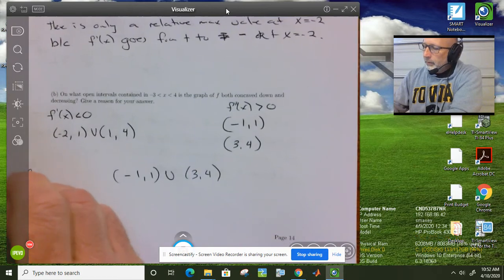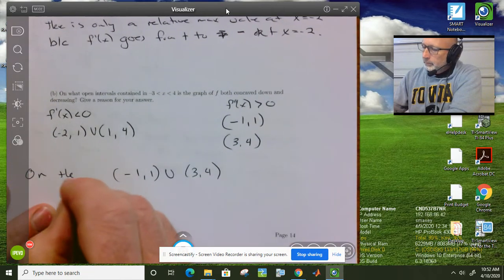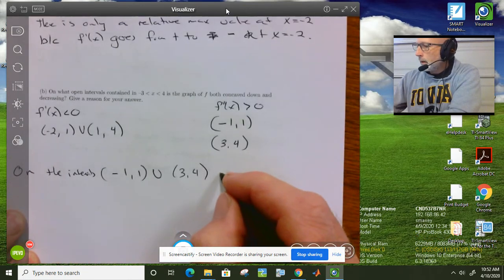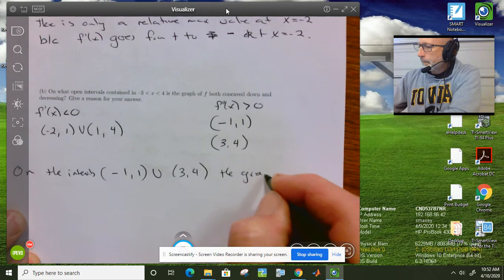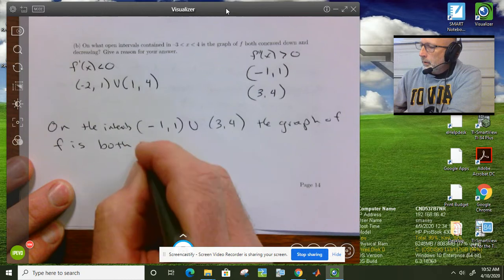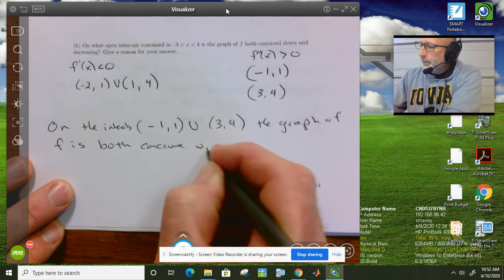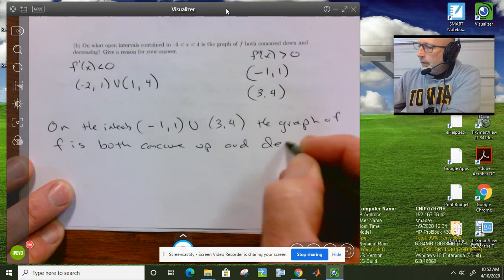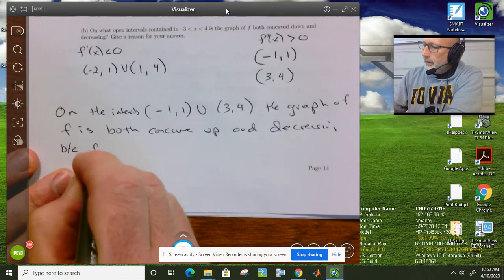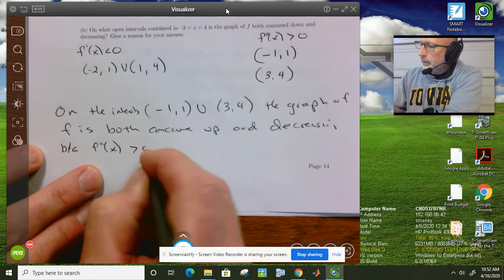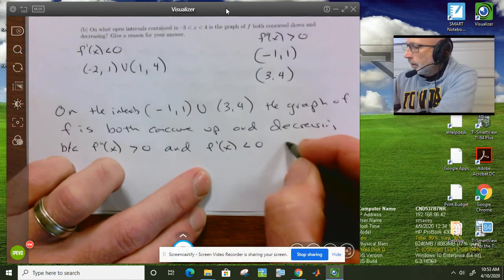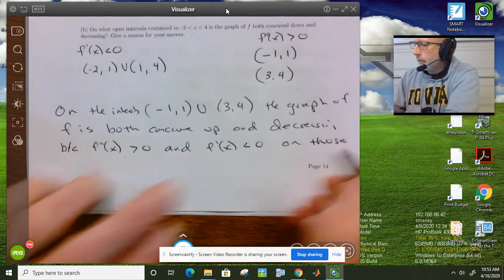Okay, so on the intervals there to there, the graph of f is both concave up and decreasing because f double prime of x is greater than 0 and f prime of x is less than 0 on those intervals.